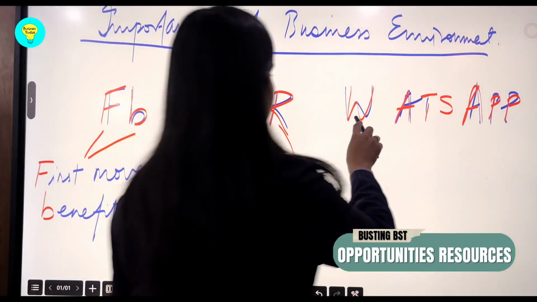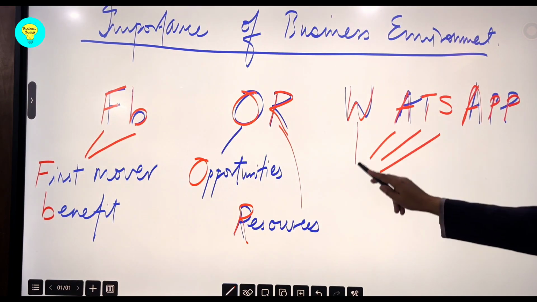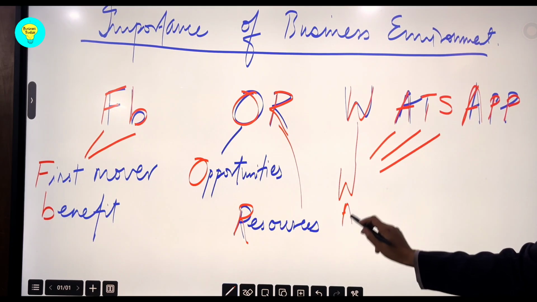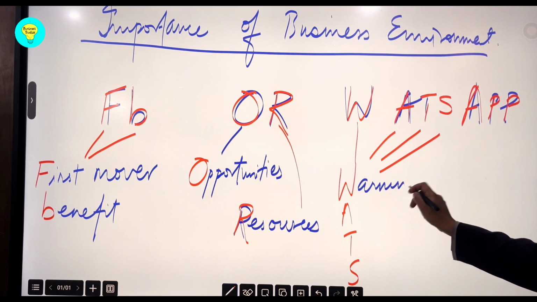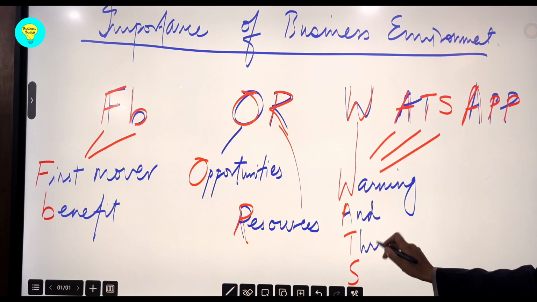Then W represents, see, WATS can be taken as one word, WATS, where it represents warning and threat signals.